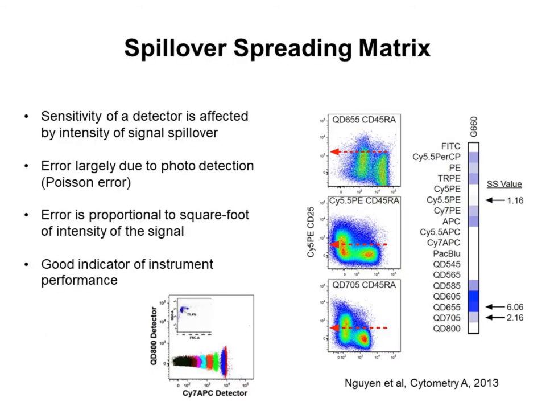But one way to get around this, especially regarding cytometer equipment-specific differences, is to calculate your spillover spreading matrix, because the sensitivity of the detector is affected by the intensity of the signal spillover, and the error is largely due to photon detection.